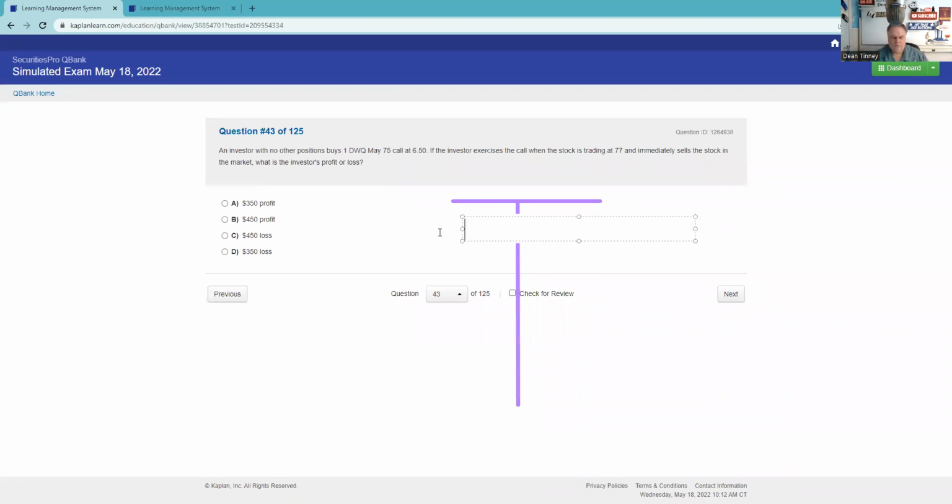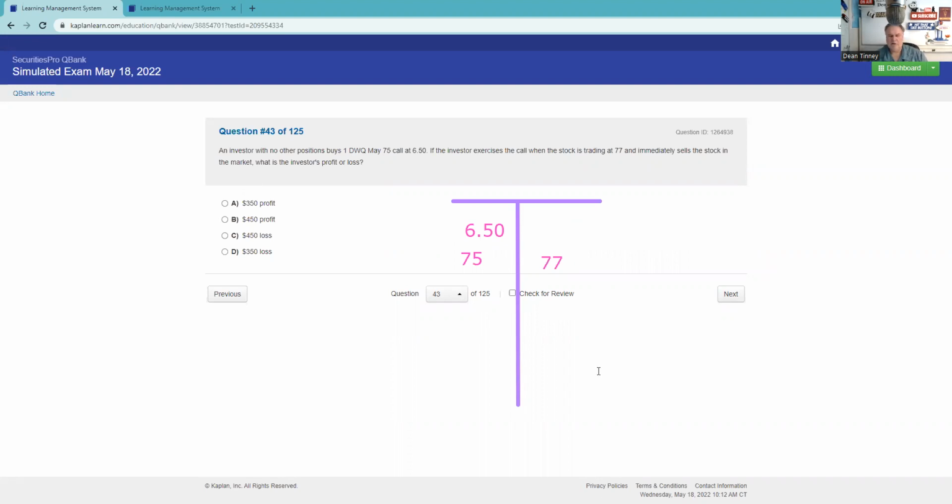So I bought this call for 6.5. And so I exercise the call, which means I bought the stock at 75. And then it says with stock, I sell the stock at 77. And so it looks like I've got more money out than in.